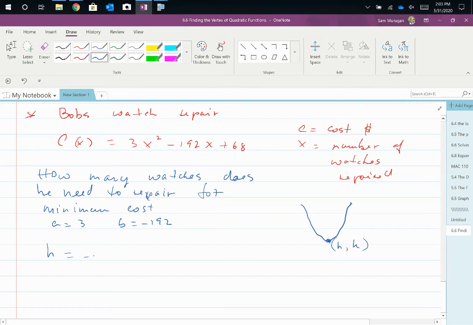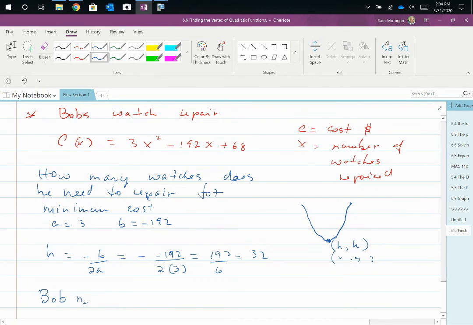So the h value of the vertex is minus b over 2a, which is negative of negative 192 over 2 times 3, which is 192 divided by 6, or 32. So this is telling us, remember, this is x and y, okay? He needs to repair 32 watches.